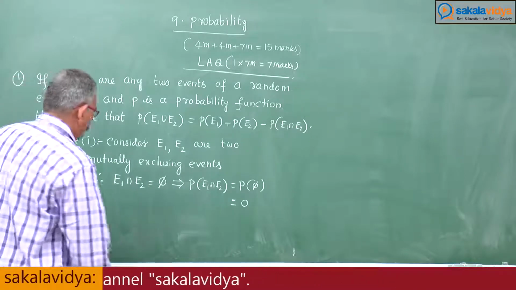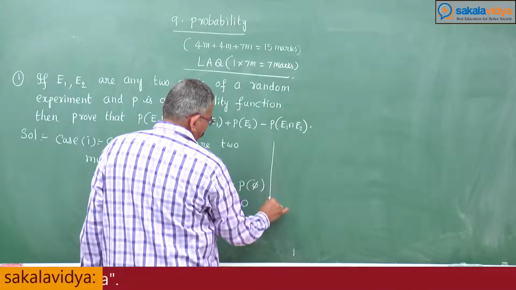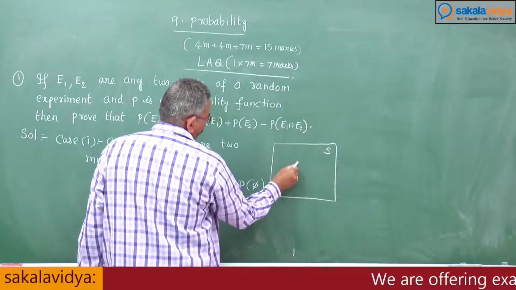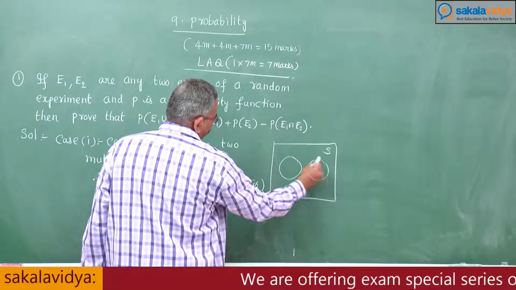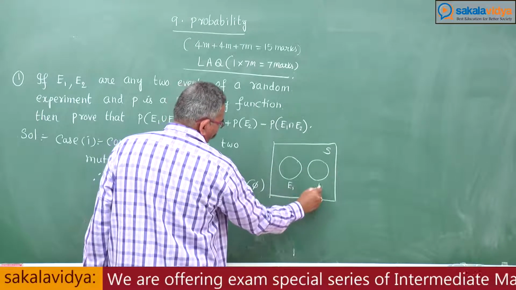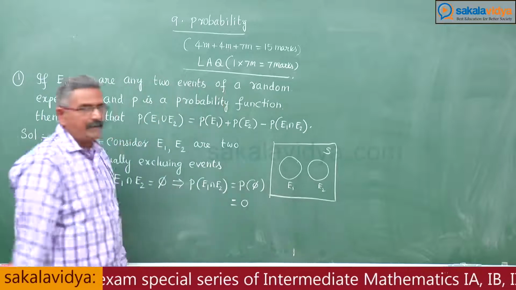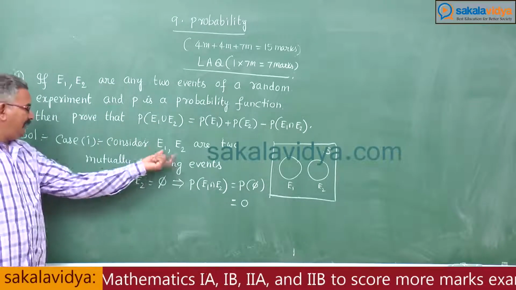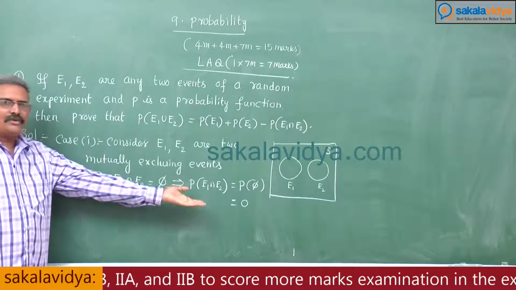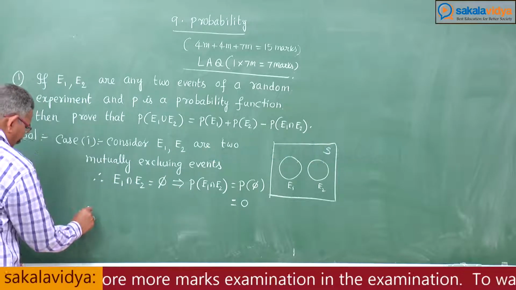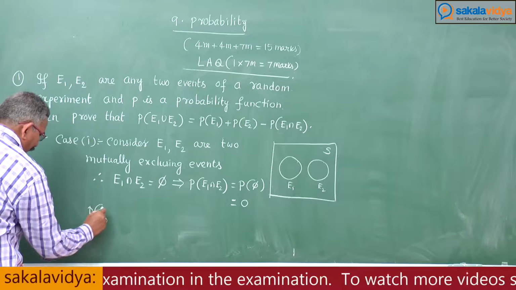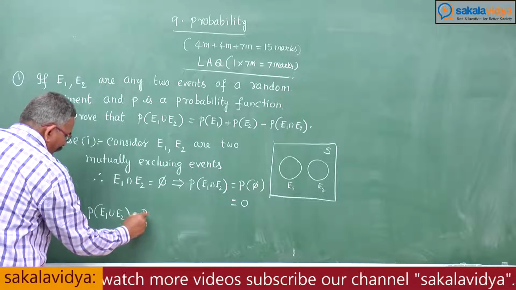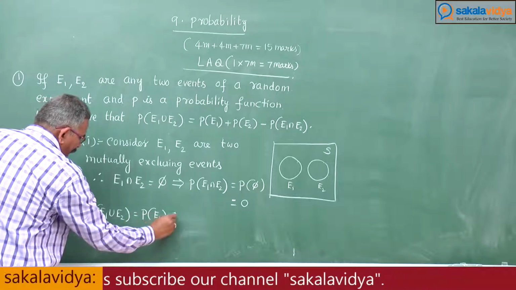So, in the figure, the two events will be like this: sample space, this is E1, this is E2. Now, in this case, if E1, E2 are mutually exclusive events, we write from the probability axiom P of E1 union E2 is equal to P of E1 plus P of E2.